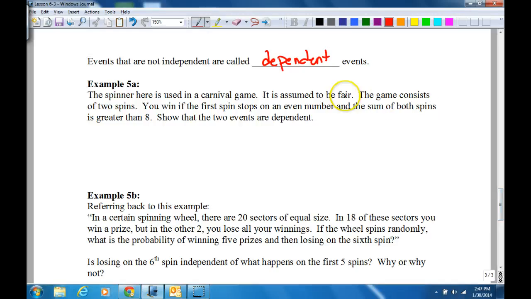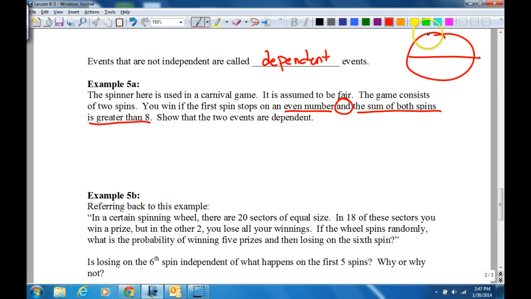The game consists of 2 spins. You win if the first stops on an even number and the sum of both spins is greater than 8. It says, show that the 2 events are dependent. And I'm going to assume that we are using the same spinner we did before, 1 through 6. Okay?